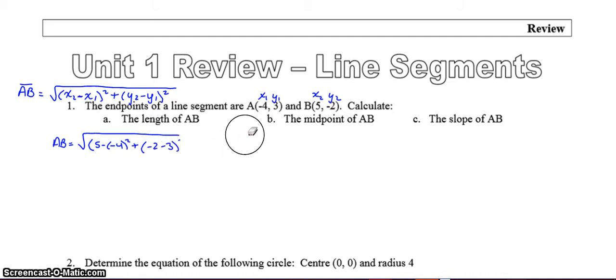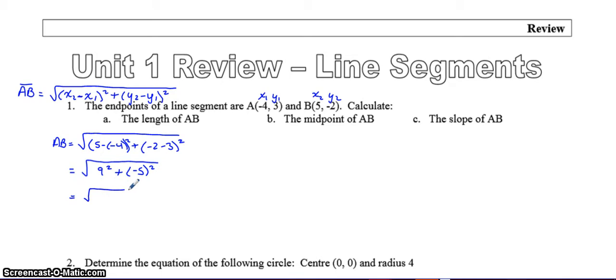I guess we didn't need that quite so long. BEDMAS, so brackets first. 5 minus negative 4 is 9, so that's 9 squared. Negative 2 minus 3 is negative 5, and since it's negative, you have to keep the bracket.